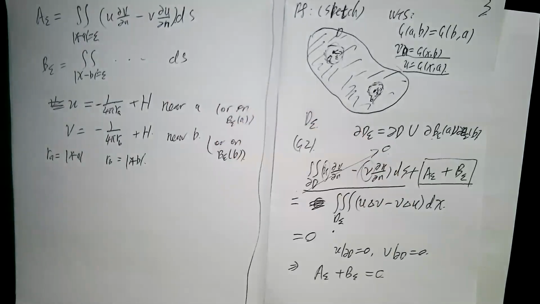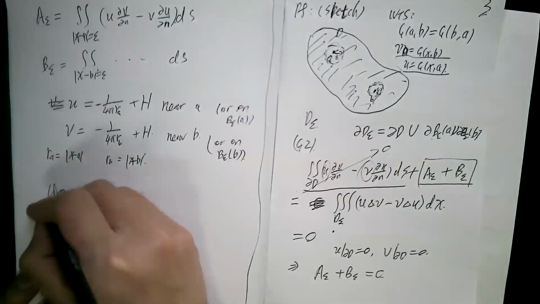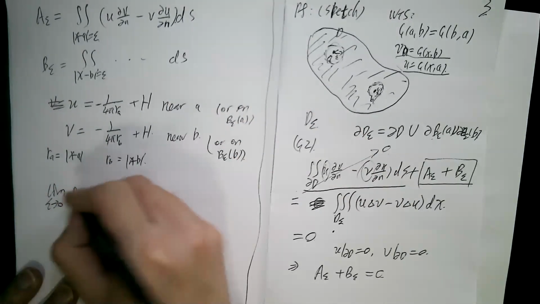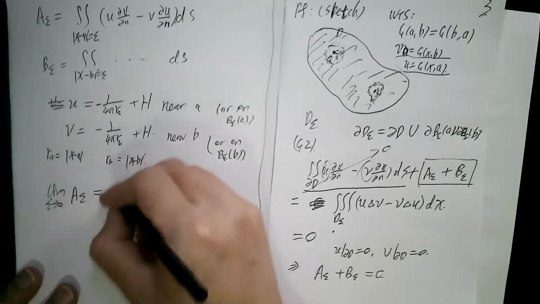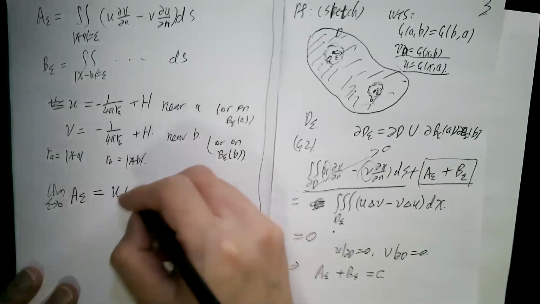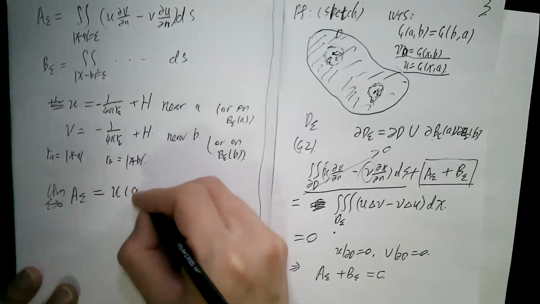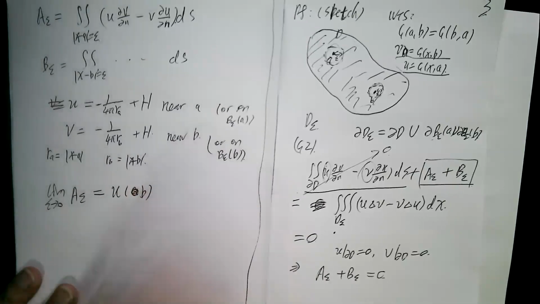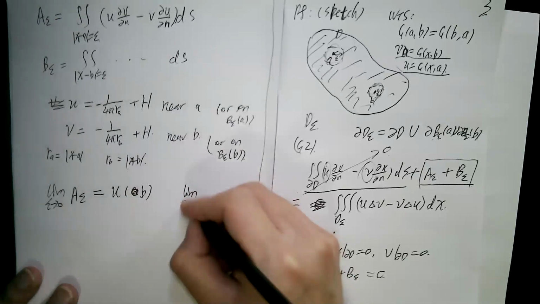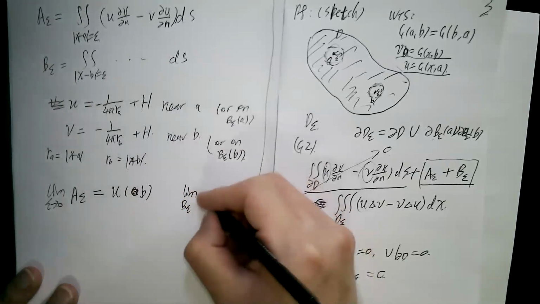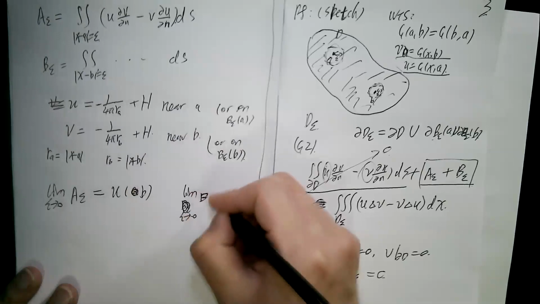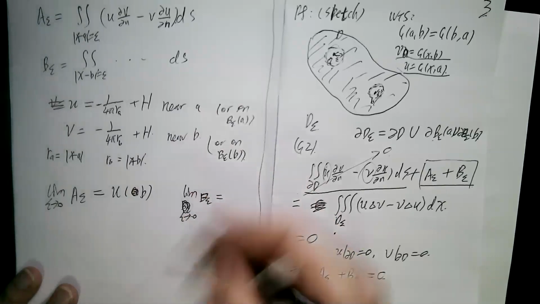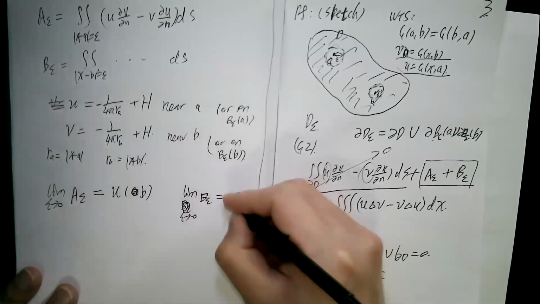Okay? Then, by the same argument, like we did to show this representation formula, you can see that as epsilon goes to 0, A epsilon equals u(b), and B epsilon equals, it's a minus sign.